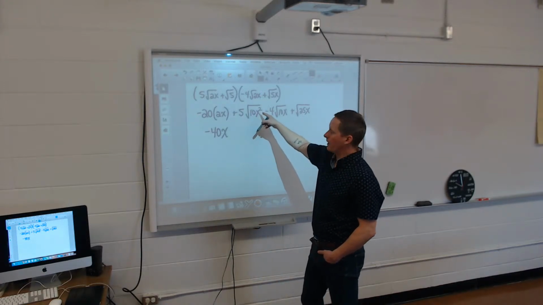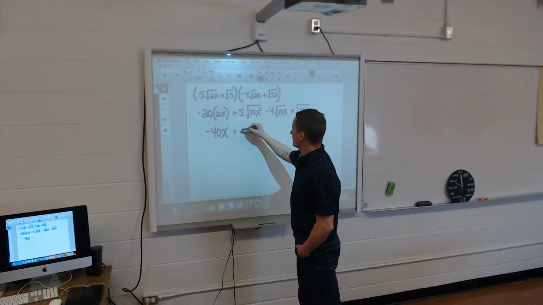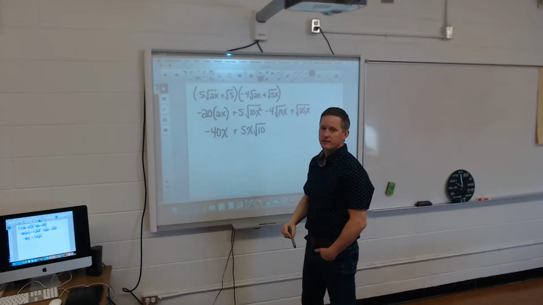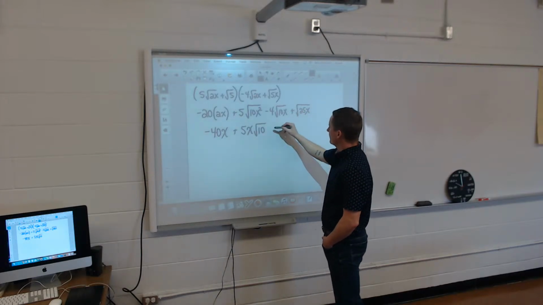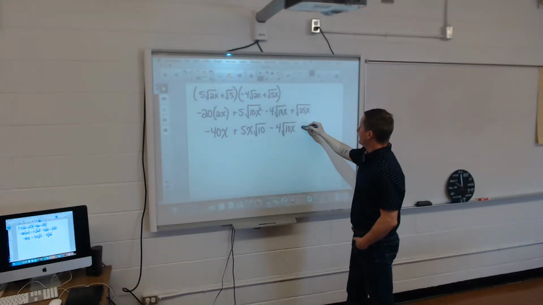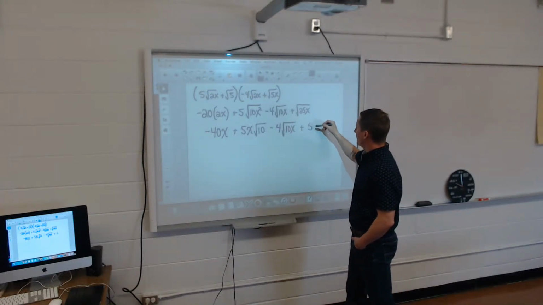Root x squared is actually just x. So this is 5x root 10. This is minus 4 root 10x. Can't break that down at all. And then this is 5 square root x.